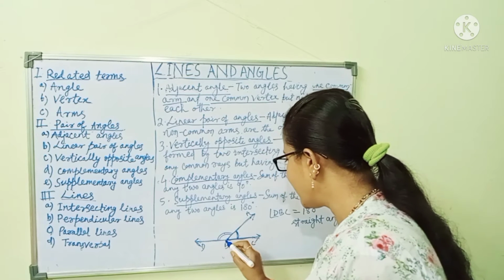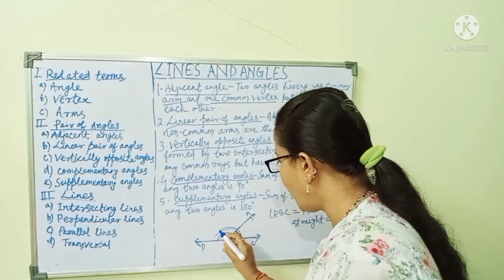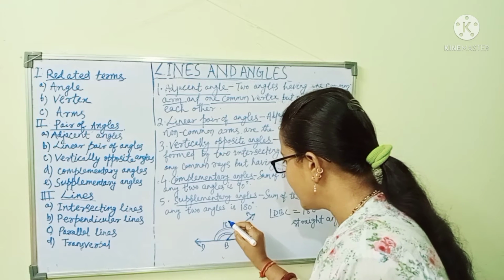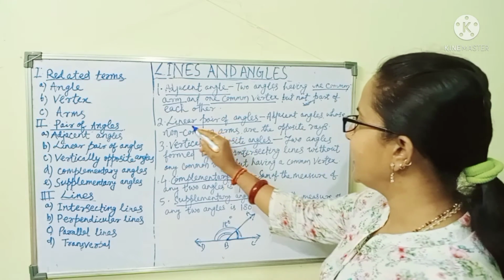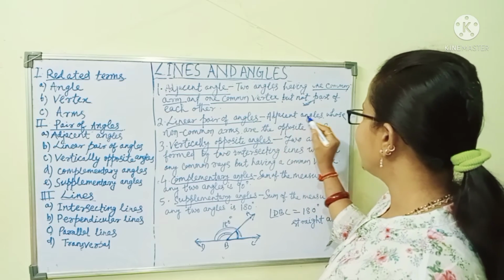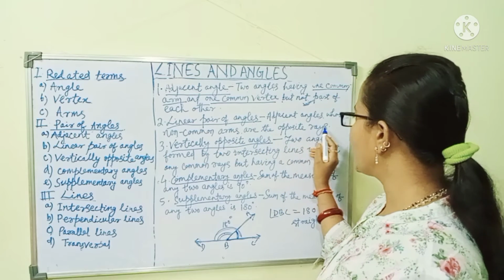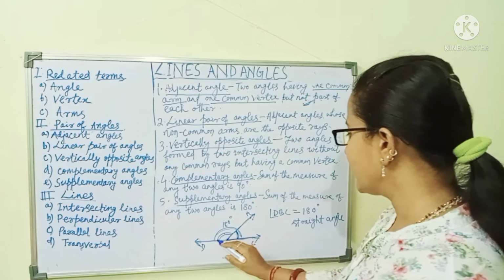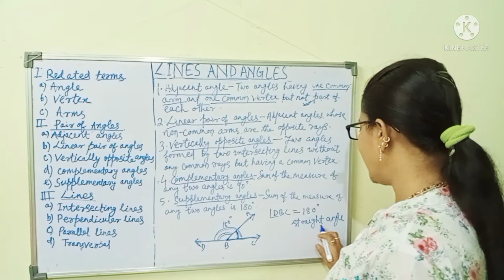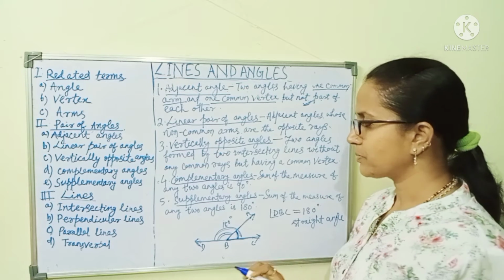So these opposite rays will always create 180 degrees. So the linear pair of angles are the adjacent angles whose non-common arms are opposite rays, and they will always form a straight angle, that is 180 degrees.